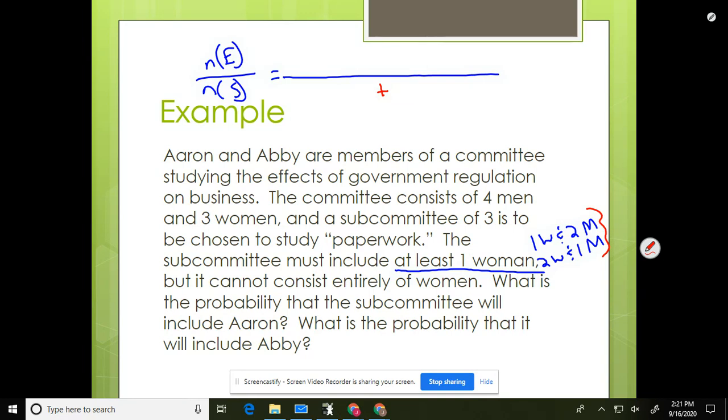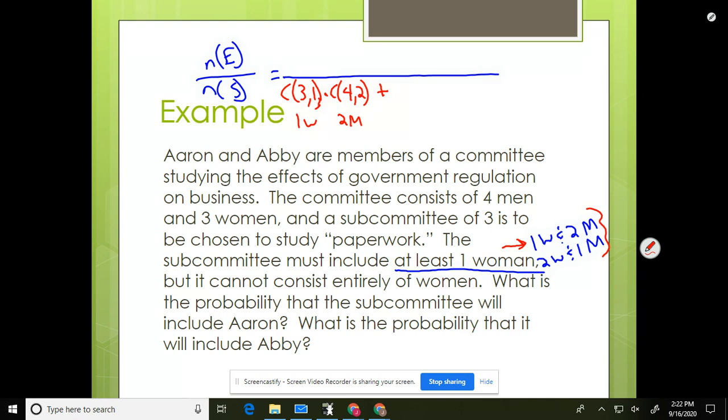So the first one, let's look at 1 woman, 2 men. So I have 3 women to choose from, and if I select 1, it's gonna be 3 choose 1. And then I'm going to multiply that by how many ways I can select 2 men. So I have 4 men to choose from, choosing 2. So that's 1 woman, 2 men.